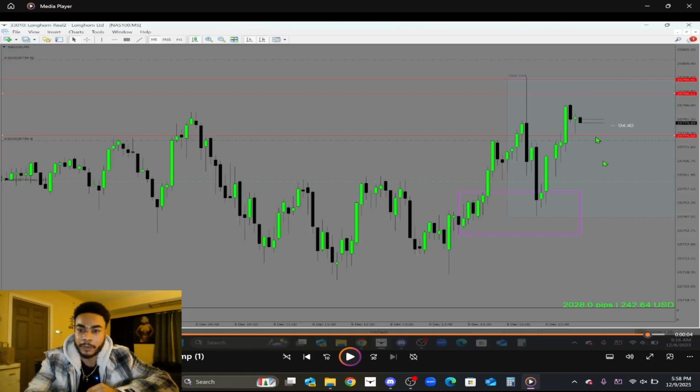This red line underneath is my target one. I have my stop loss right underneath that line, just in case price decides to break this candle low and come down like it did. It takes me out of the trade and I get to leave with basically my full 1-to-1 trade profits, the same amount of profits that I would have made if I had closed the full trade at my first target.